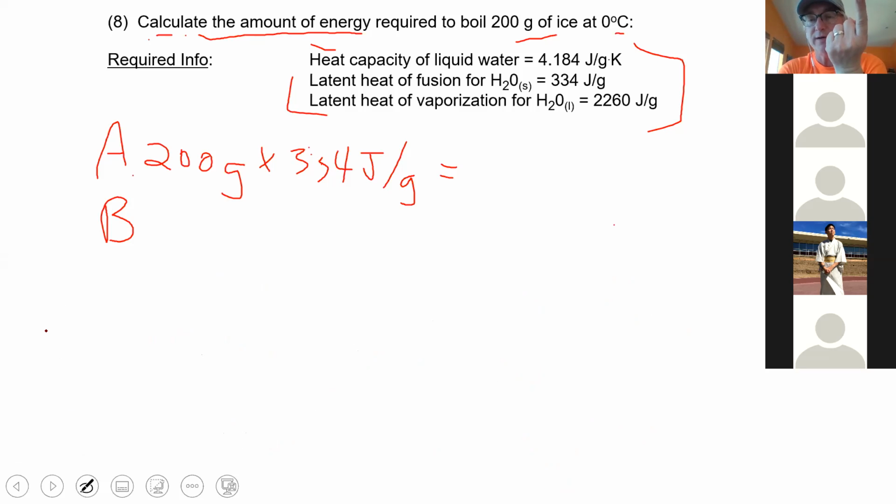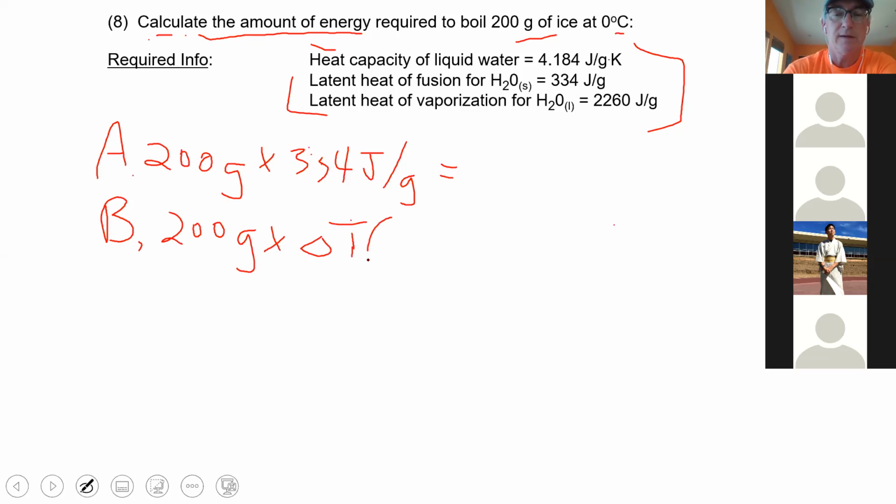So now I've got 200 grams of liquid water and I've got it at 0. What's the next thing I need to do to get it to boil? To find the amount of heat energy that it takes to increase from 0 to 100 degrees. Exactly. Excellent.